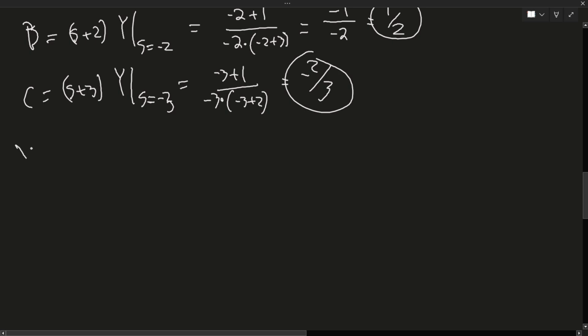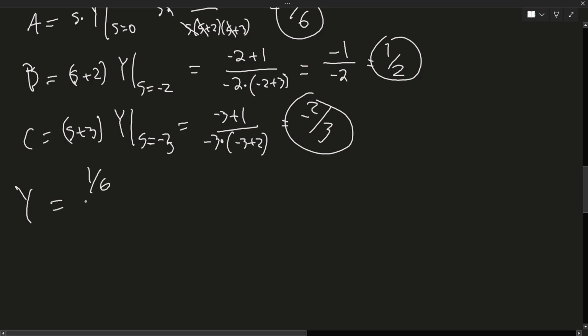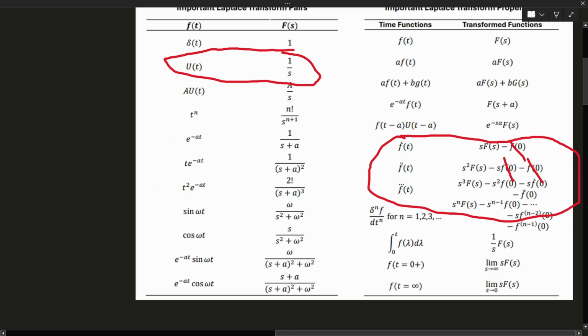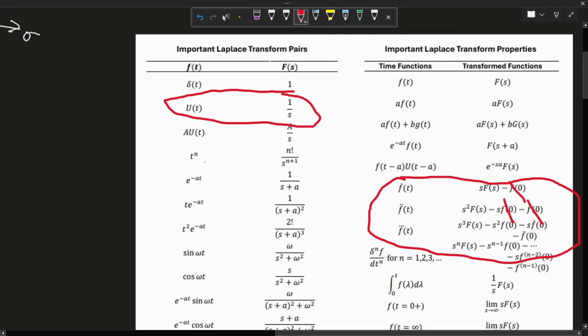Now you just write it down. Y equals 1 over 6 divided by s, plus 1 over 2 divided by s plus 2, minus 2 over 3 divided by s plus 3. If we follow our Laplace transform equations, we want to go from here to there.